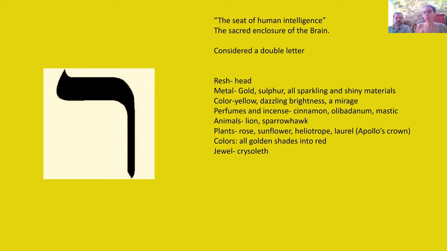And the sunflower, of course, the heliotrope, plants that follow the sun. And the laurel, the reason the laurel is associated with this path is because of Apollo's crown. Apollo, the sun god, had a crown of laurel. And the jewel is the chrysolite.